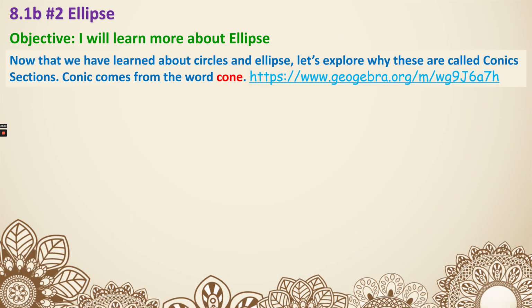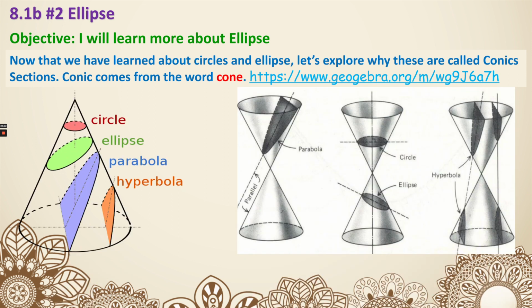Now that we have learned about circles and ellipse, we can actually explore a bit more why they are called conics. It comes from the word cone. And here they are. Depending on how we're cutting through a cone, we may have different curves. If you're cutting horizontal parallel to the base, you're going to get a circle. Even if you tilt it a tiny bit, that's going to give you an ellipse.